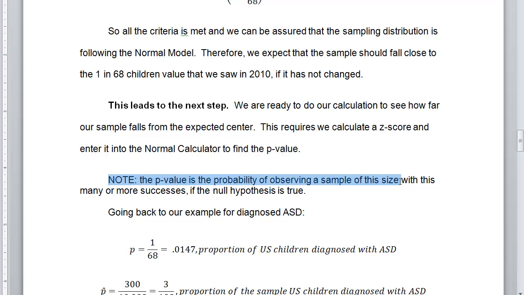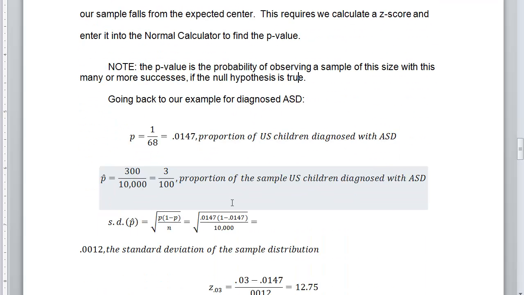With this many or more successes, so we're talking about greater than or less than the number of yeses that we saw if the null hypothesis is true. And remember, we're assuming that the null hypothesis is true through this whole process until we have evidence of the contrary. So that's just what the p-value means.